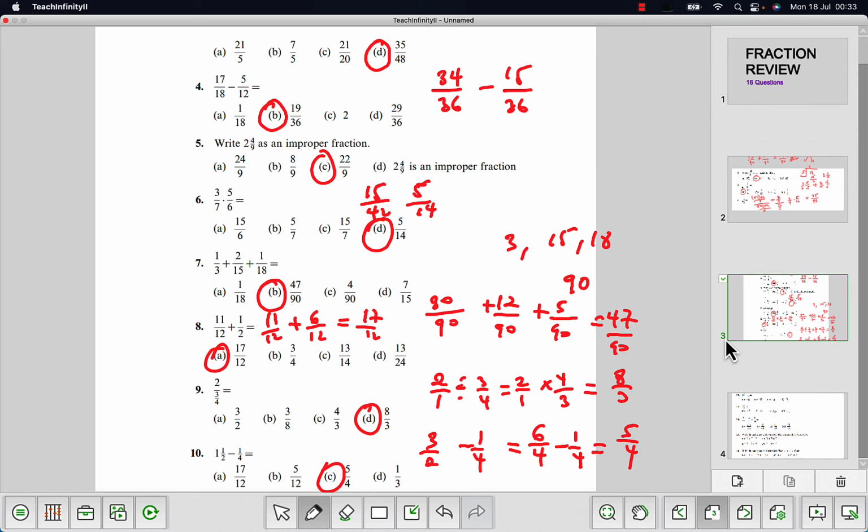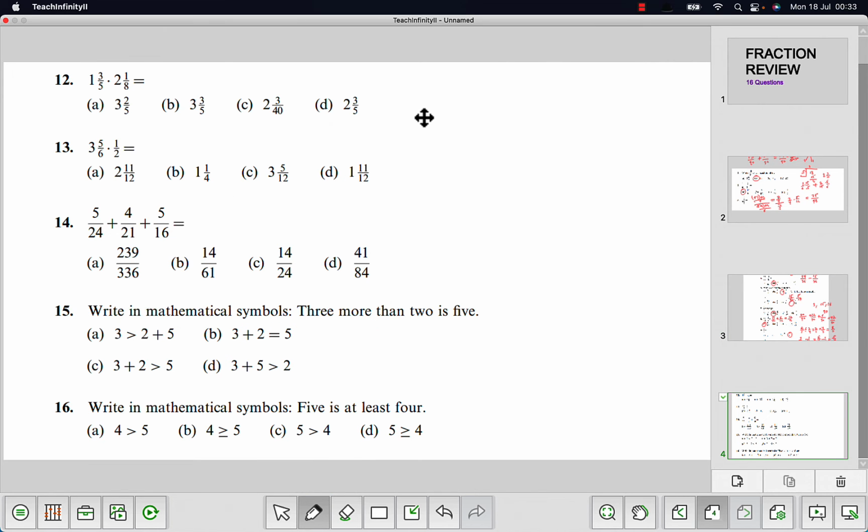Again, remember, you cannot multiply the whole numbers and multiply the fractions like we did for addition. So you need to convert to an improper fraction and then multiply them. So 5 times 1 is 5 plus 3 is 8/5, times 8 times 2 is 16 plus 1 is 17/8.